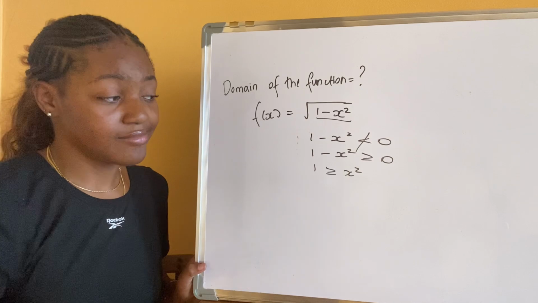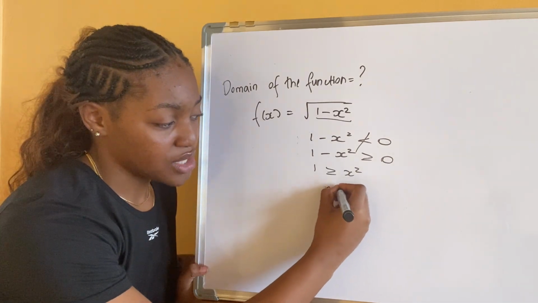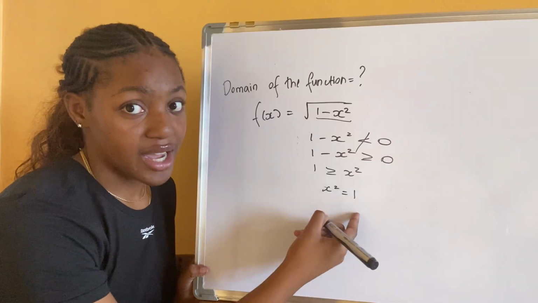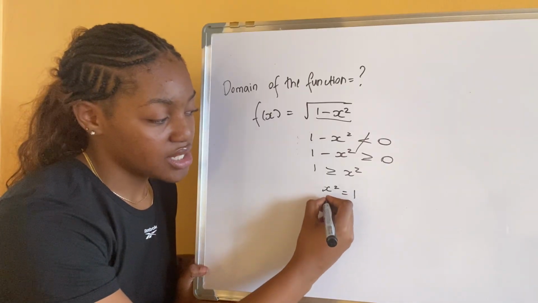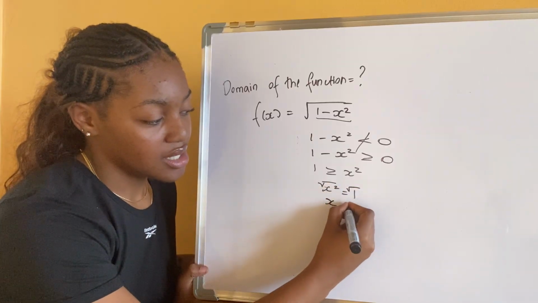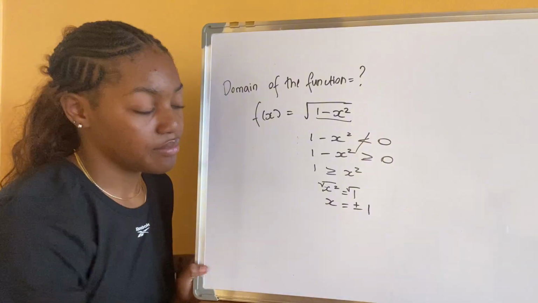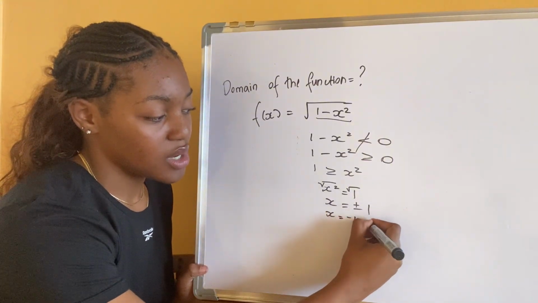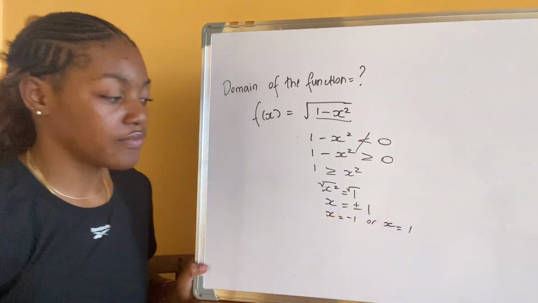So I'm gonna have x squared is equal to 1. When x squared is equal to 1, I can square root both sides and I'm going to have x is equal to plus or minus 1. So my critical points would be x is equal to minus 1 or x is equal to 1.